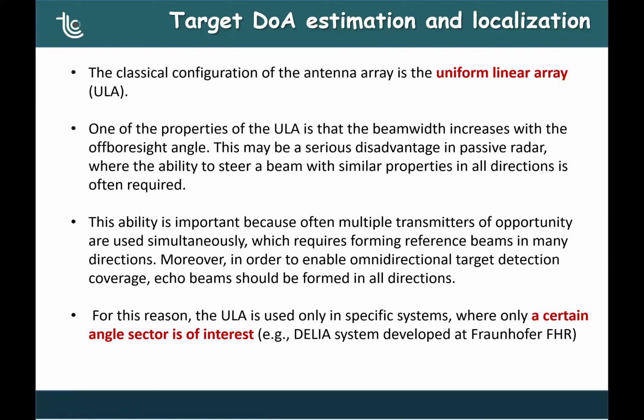But when we are close to the end fire, so close to minus 90 degrees or plus 90 degrees, then the beamwidth increases, and this is a great disadvantage in passive radars, because we want to see in all directions.